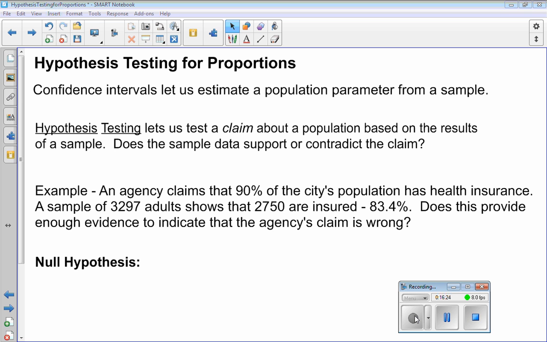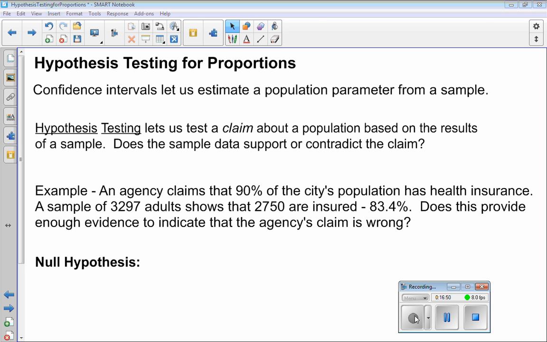We know what confidence intervals do. They let us estimate a population parameter from a sample. If we're trying to guess approximately between what and what is actually happening, a confidence interval is what we want. It gives us an actual estimate. Is it between, say, what and what approximately people are going to pass this amendment?